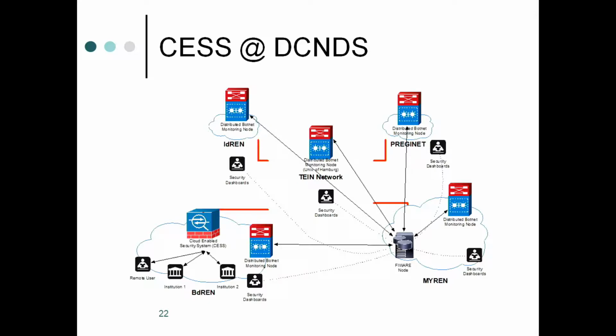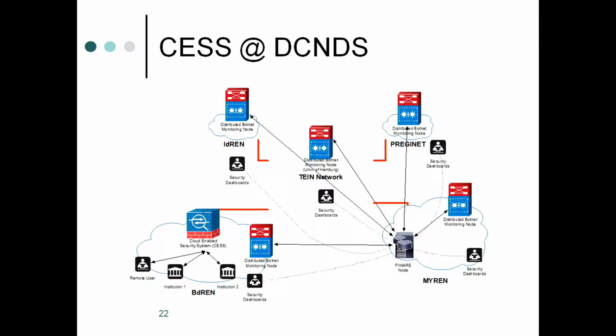So SECaaS will be implemented in BdREN, and BdREN now has more than 50 universities connected to their network. And their traffic is, I think, around more than 5 gigabytes per second. In BUET, we have 1 gigabyte bandwidth from BdREN.